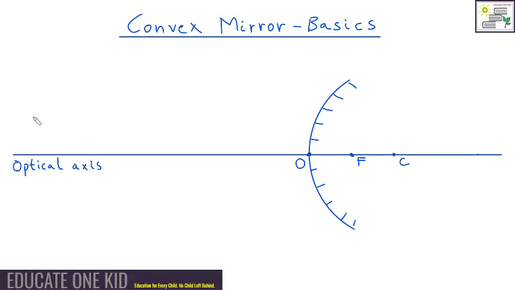So let me draw such a light ray. It turns out that such a light ray will be reflected by the mirror in the following manner.